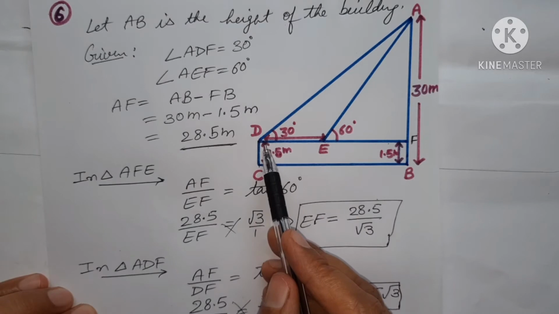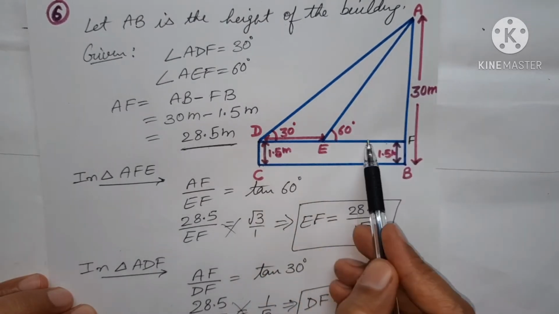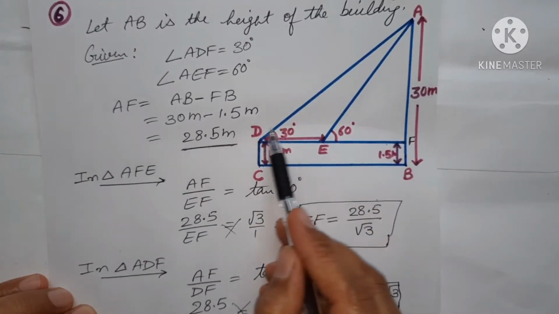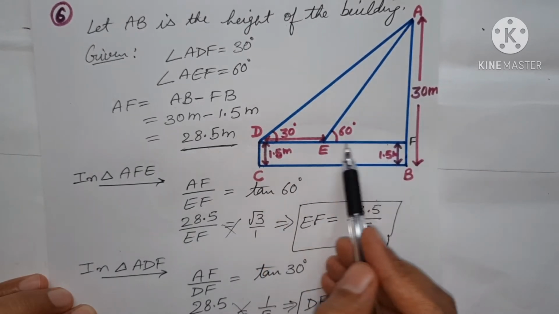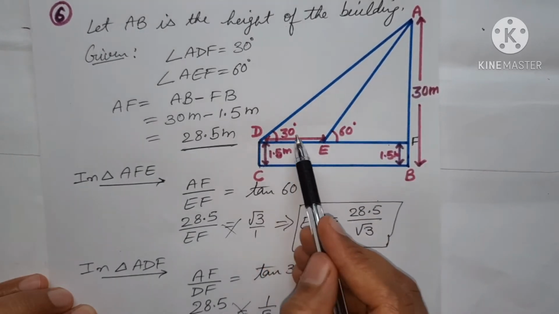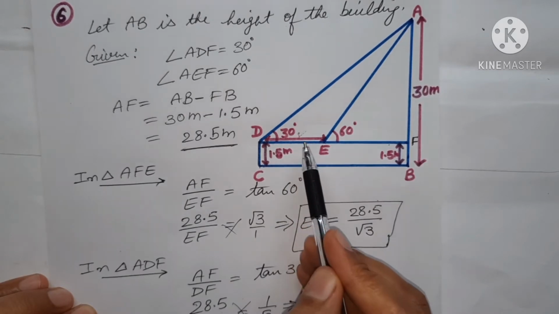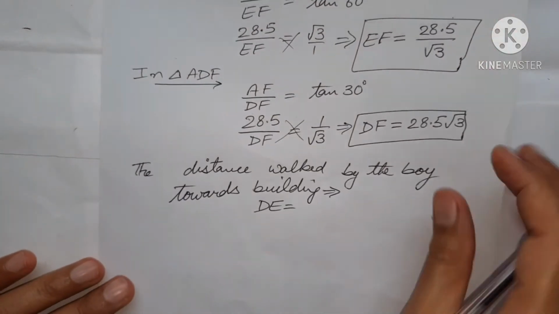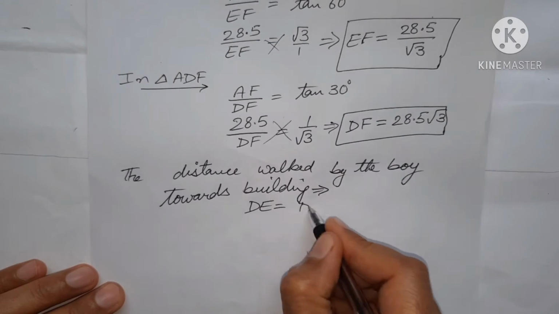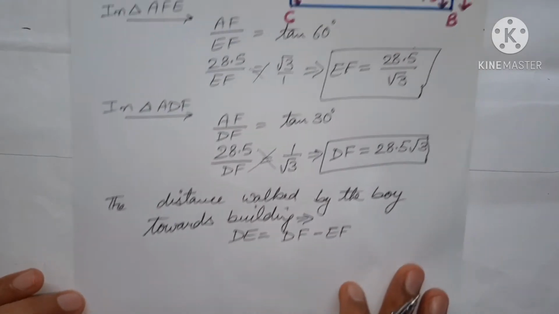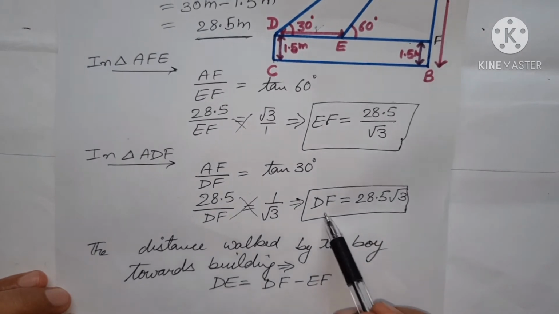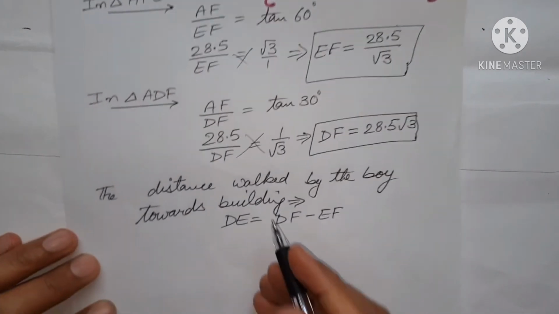If I will minus EF from this distance, full distance is D to F. If I will minus EF from this, we can find out this distance DE. So we will write DF minus EF, and both values we know, DF and EF, we will put these values.